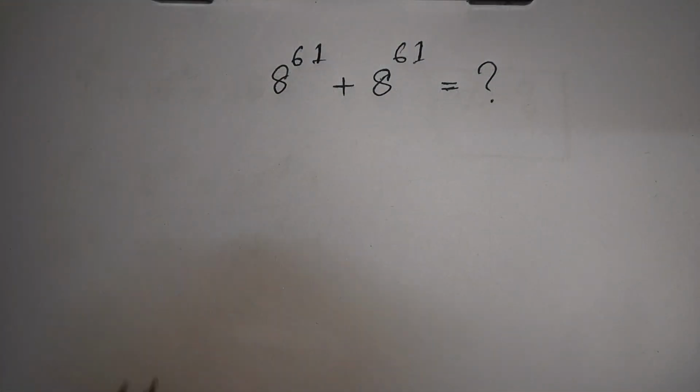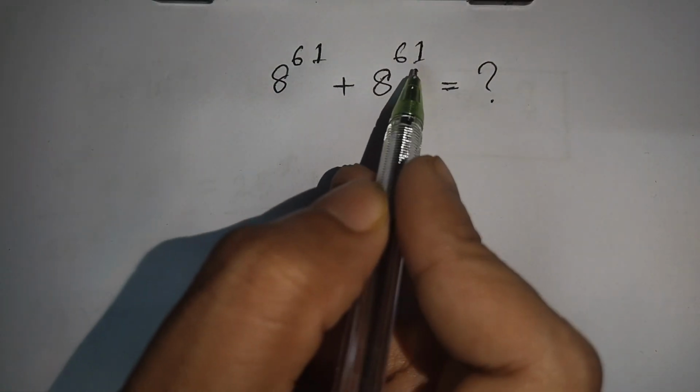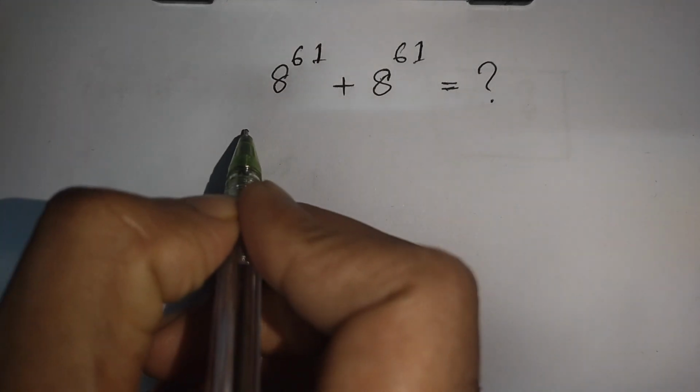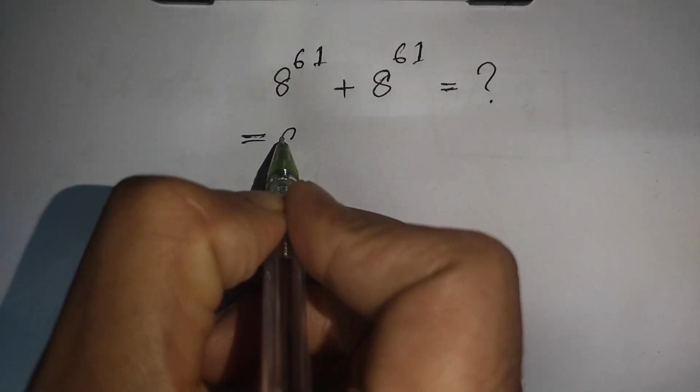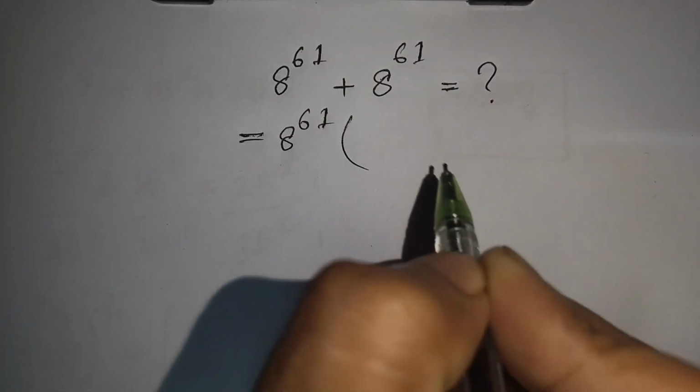How to simplify 8 power 61 plus 8 power 61 is equal to what? At first we take common 8 power 61. First bracket start.